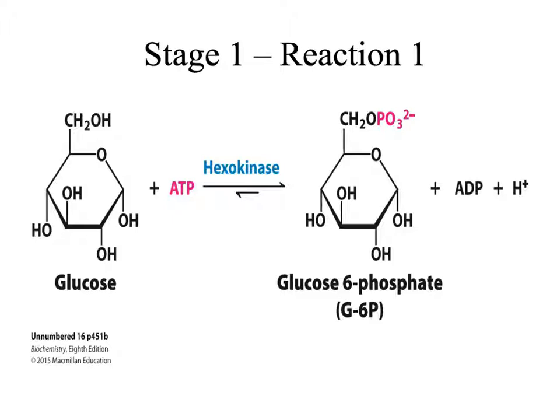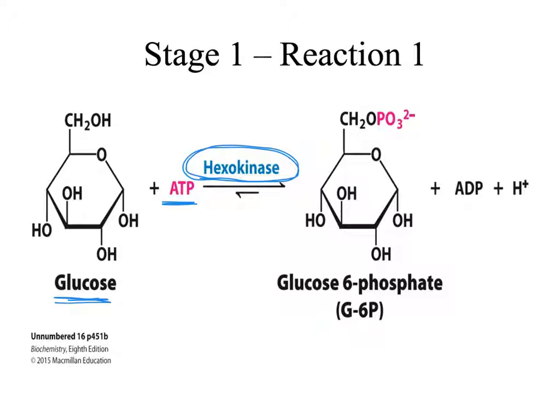Okay, so if we're looking at stage 1 reaction 1. So glucose is going to enter the cell, and it does this through transport proteins. And once the glucose enters the cell, it's going to be phosphorylated by ATP. The phosphorylation of glucose by ATP takes place with the help of the enzyme hexokinase.